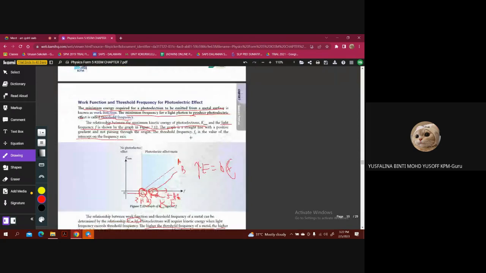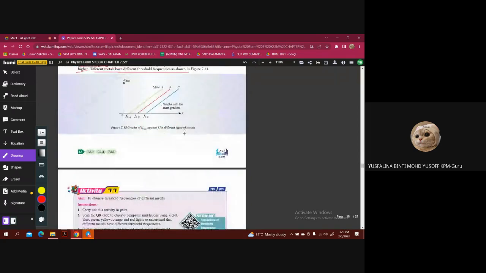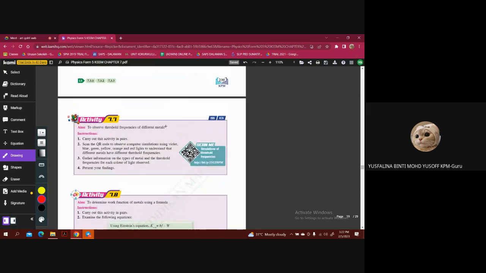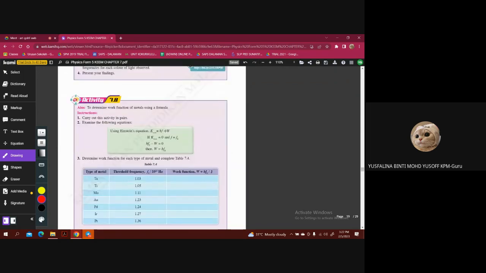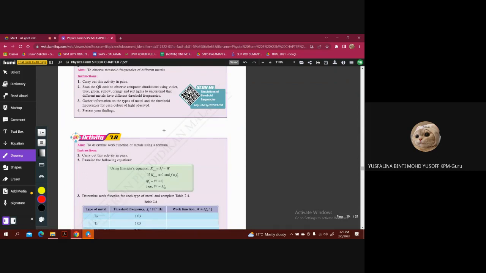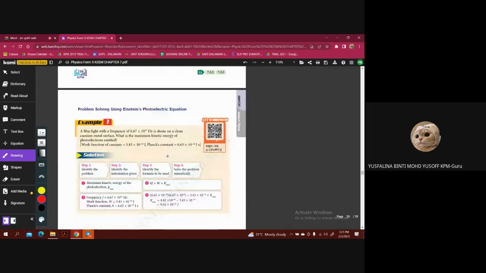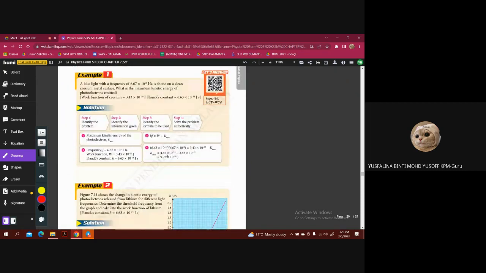So the gradient is the same. This is the graph of K max against frequency for different types of metal, with different thresholds. Alright, so this is actually the experiment. You can just scan the QR code here to see. This is actually to prove the formula, and this is the equation example for the calculation.